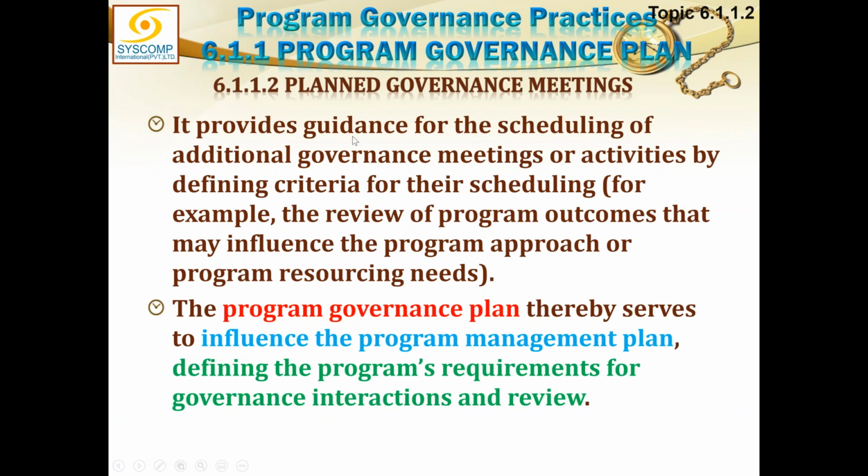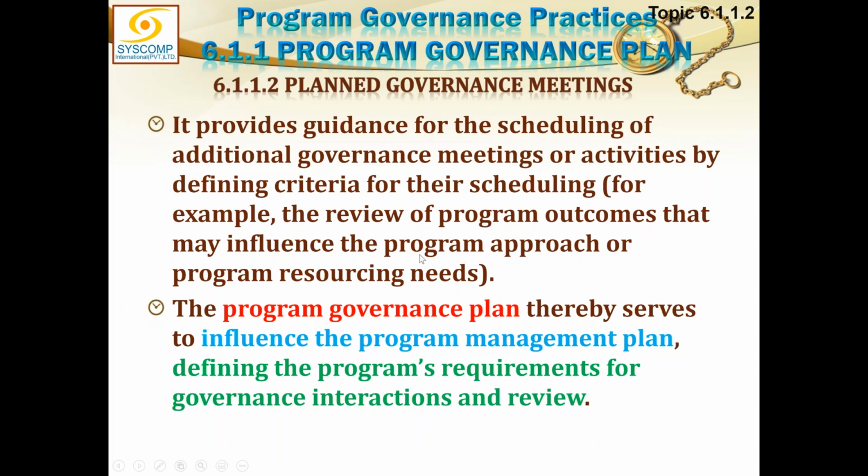Planned governance meetings provide guidance for the scheduling of additional governance meetings or activities by defining criteria for their scheduling. For example, the review of program outcomes that may influence the program approach or program resourcing needs.